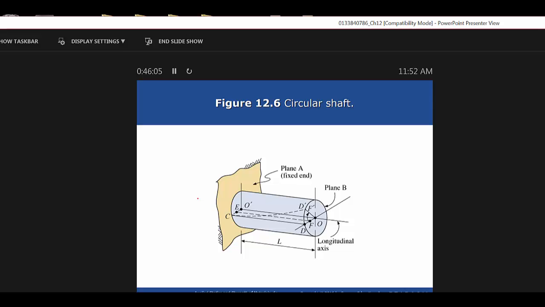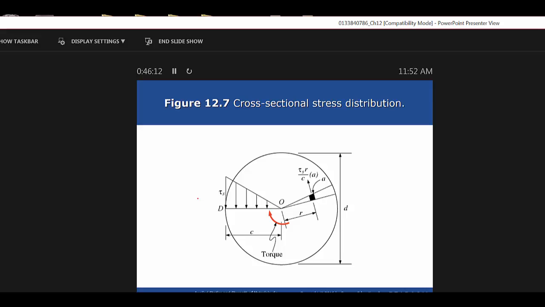If you were looking at that from an end view, it'd be something like that. So the torsional shear goes down the closer you get to the center. It's a linear proportional amount, as shown by that triangular shape. So you can predict that a little bit better, depending on where you're at on that shaft.